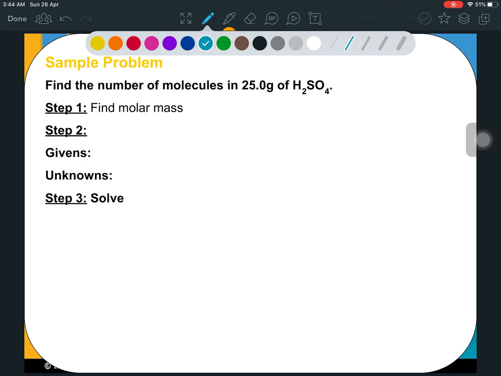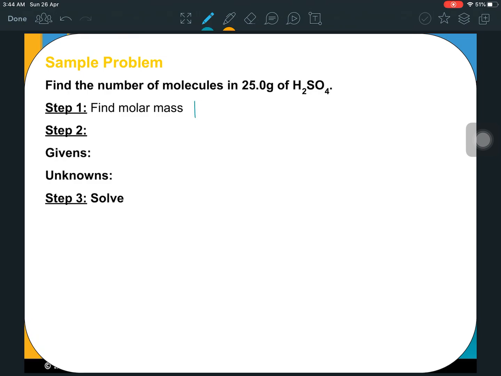All right, so the first thing I need to do is find the molar mass of H2SO4. I know that I have 2 times hydrogen plus sulfur plus 4 times oxygen. I know that hydrogen is 1.01 grams per mole.